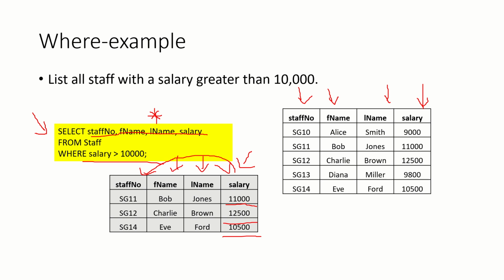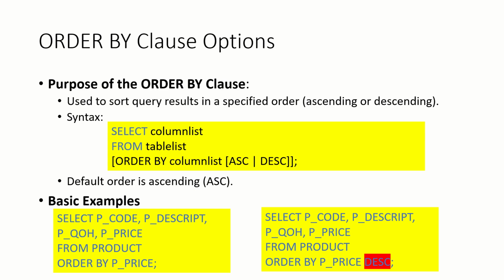All right, next one, we're trying to introduce ORDER BY. Because sometimes we get a result and we want this result displayed in a specified order, whether ascending or descending. This is the syntax.